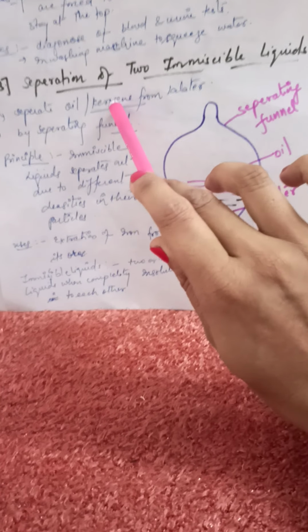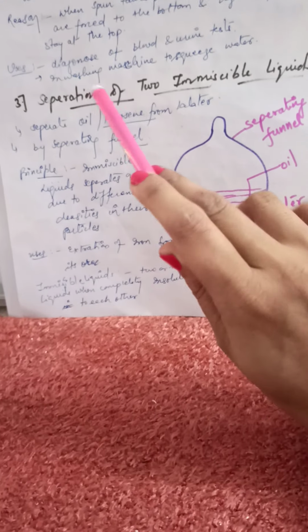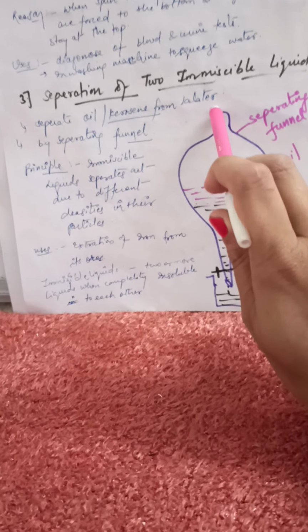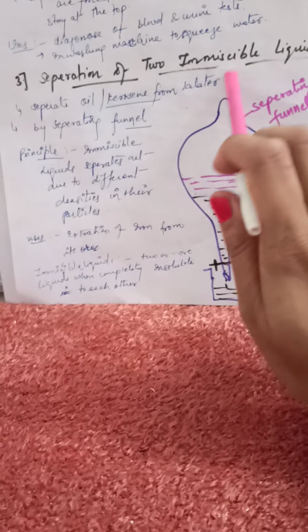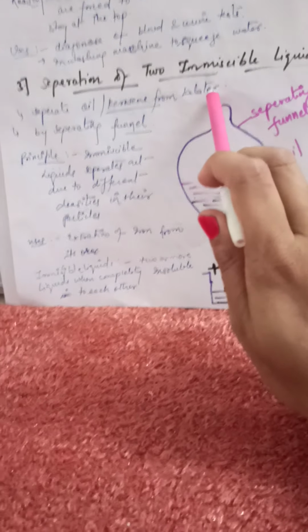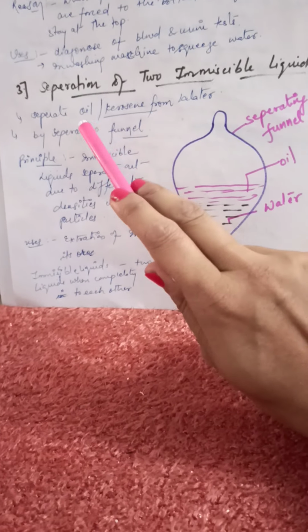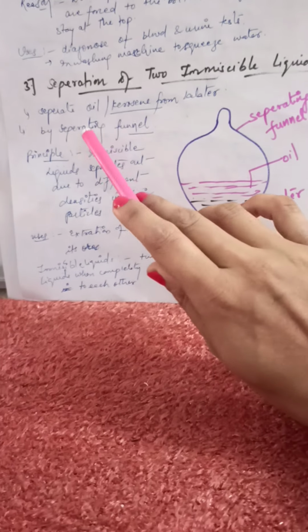Oil, kerosene, fat, lipids, wax are all organic compounds, and organic compounds cannot dissolve in water. They would need some special facility or temperature, standard temperature and pressure, then only it may be possible, but at room temperature they cannot.